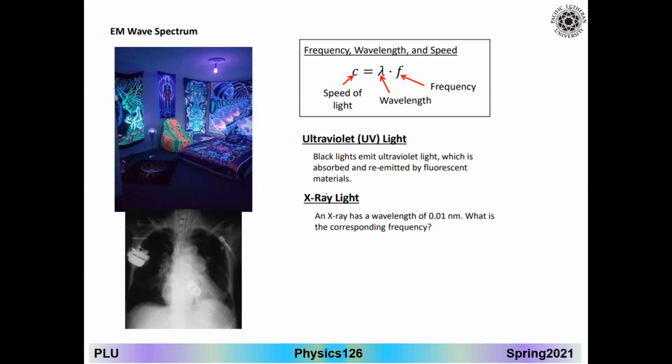Let's take an example for the X-ray. We're given the wavelength and asked for the frequency of this X-ray. Again, we have the common equation, but this time I am asked to find the frequency, not the lambda, so the only change is C divided by lambda.